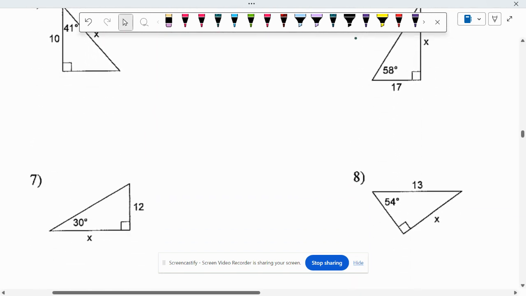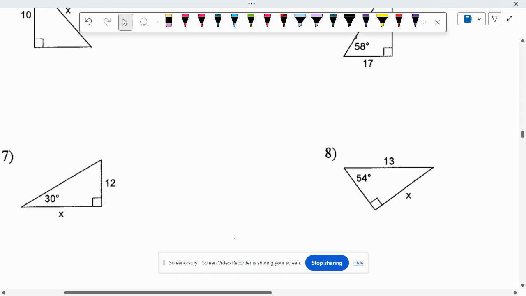Let's do number 8. Okay. So from this angle, let's label our sides A, O, and H. What side is going to get an H? 13. What side is going to get an A or an O? A is the blank side. Perfect.